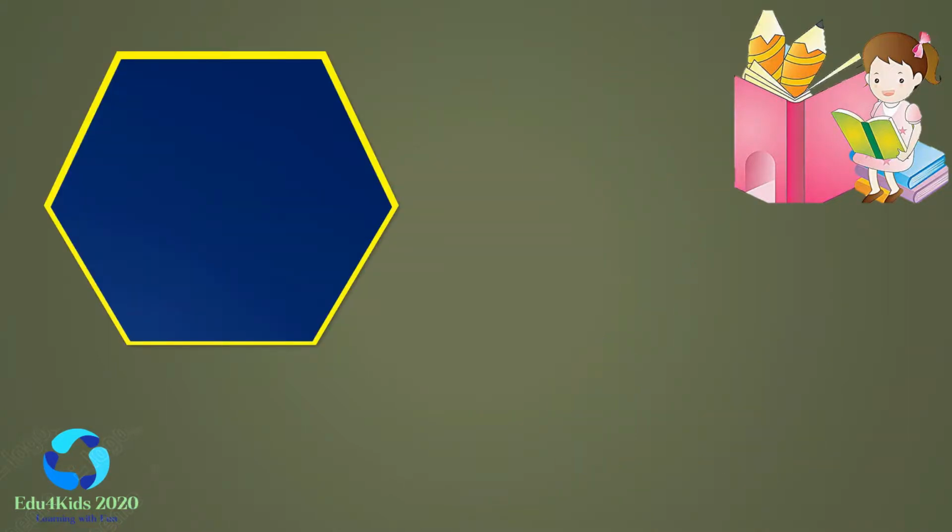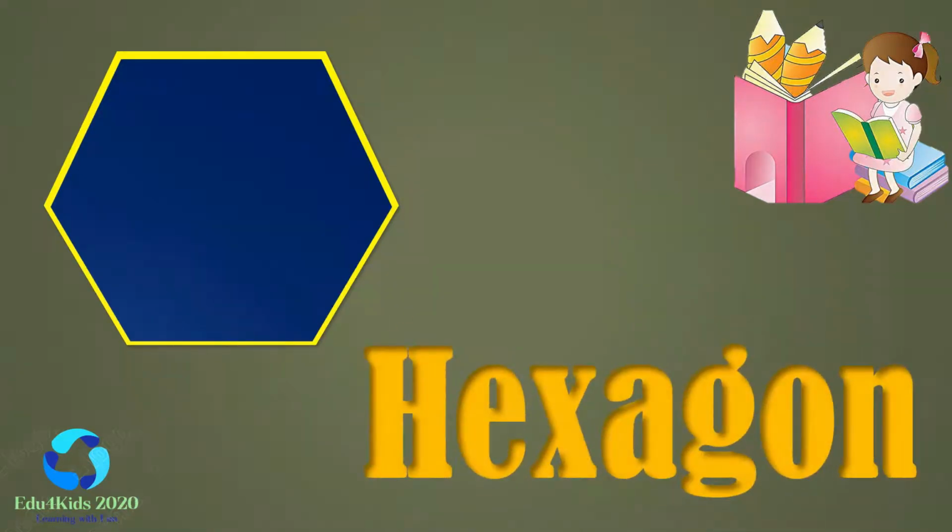This shape is called hexagon. Hexagon, like the name says, hexa. Hexa means 6. So hexagon have 6 sides. 1, 2, 3, 4, 5 and 6.